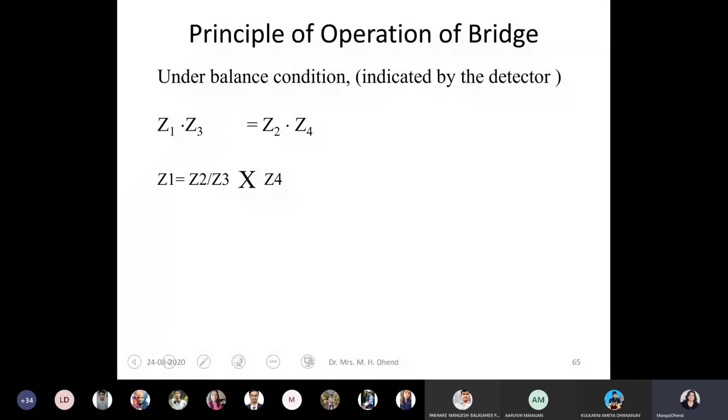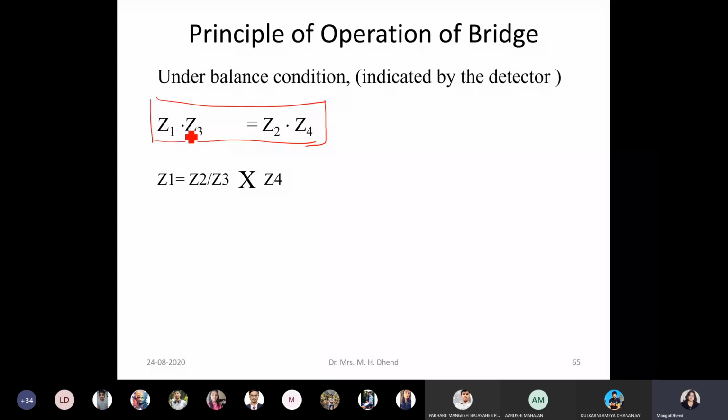This is the balance condition, and you always have to remember this formula for solving problems. If you get two opposite branches, the product of their impedances will be equal to the product of the impedances of the remaining branches. So Z1 you can find out will be equal to Z2 upon Z3.